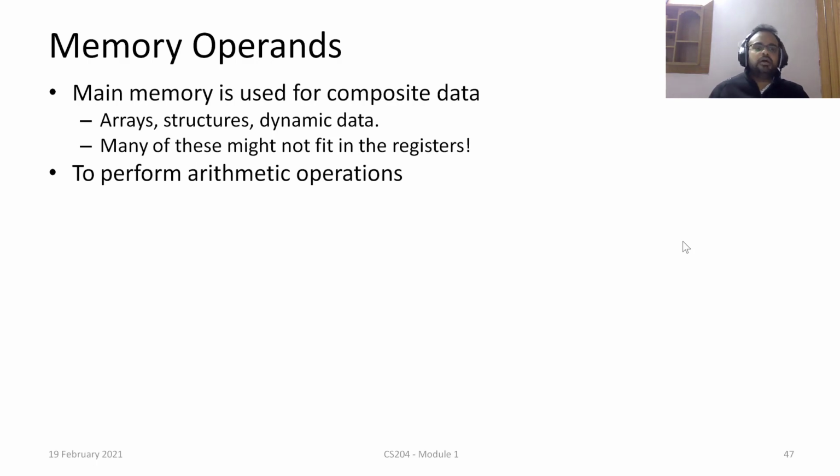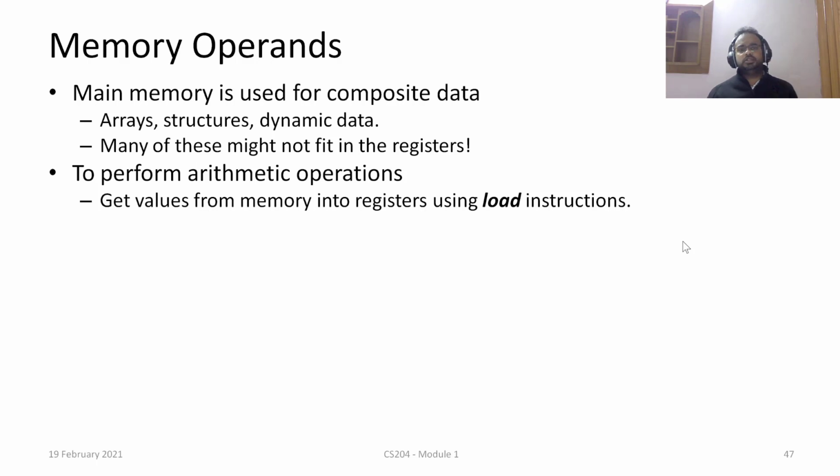Now to perform arithmetic operations on such data which is not readily available in the registers, the very first thing we do is to get them into the registers and then use that register as part of any arithmetic instruction. So to get the data from the memory and place it in a register, what we have are some load instructions. What does loading mean? We load the data from the memory into the registers.